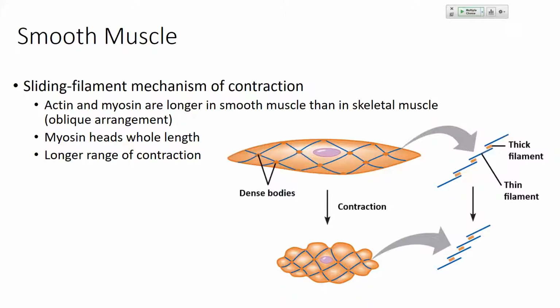And this brings about synchronized muscle contraction, and it helps to spread that contractile force throughout the entire cell very quickly. Another important feature that we see with smooth muscle is that there's a longer range of contraction. It's going to be a slower contraction. Smooth muscle contraction is not built for speed the way that skeletal muscle contraction is. So you have a longer, slower contraction for smooth muscle.